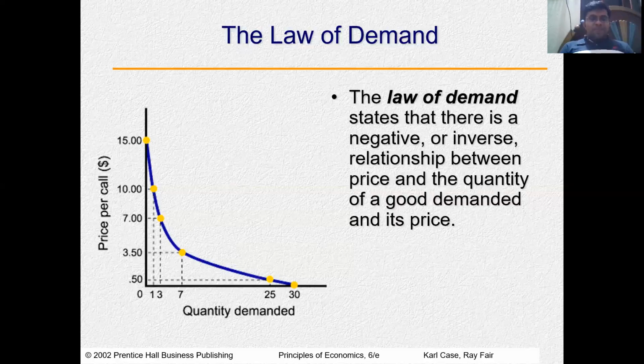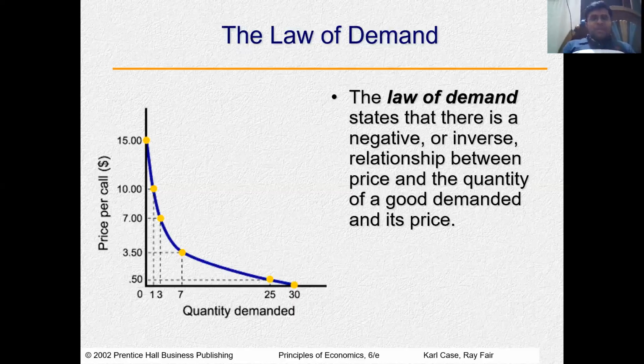As we further move to $3.5, the person makes 7 calls. And this process goes on to $0.50. When the price is $0.50, the person makes 25 calls.